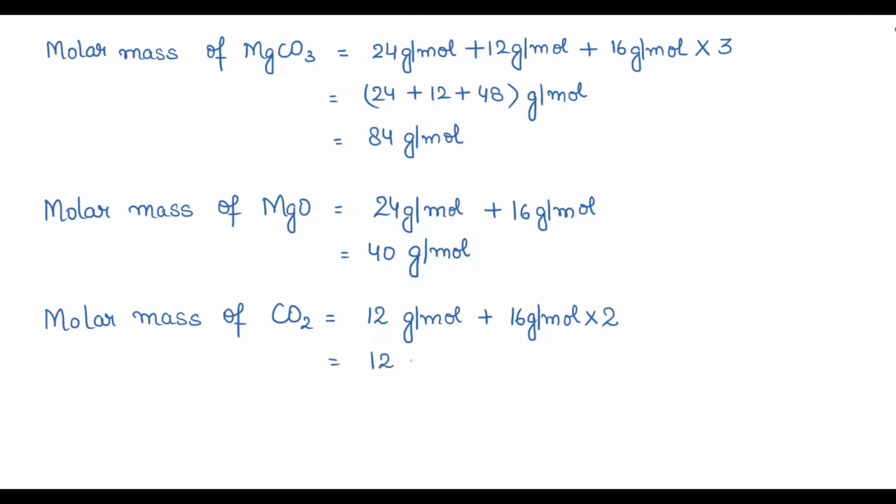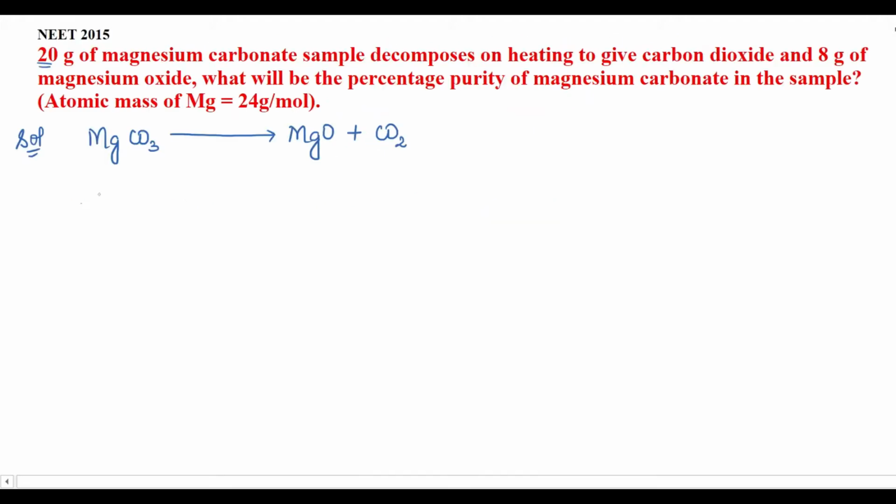So 12 plus 16 into 2, that will be 32 gram per mole. Now 12 plus 32, it will be 44 gram per mole. Okay, now we are having molar masses of every compound. We'll use the molar masses to find the exact composition, right?